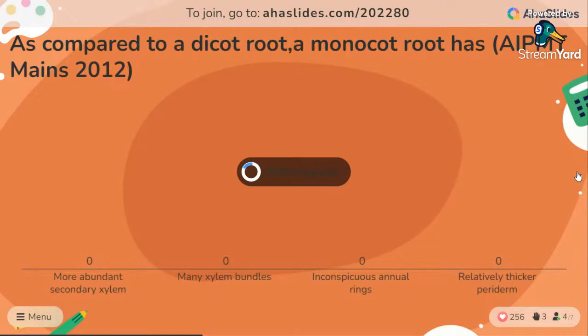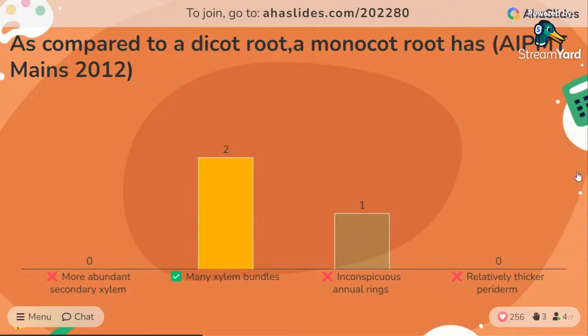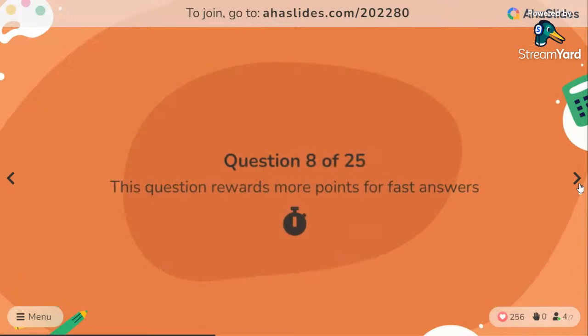A monocot root when compared to a dicot root, what is the special character? We all know that for a monocot root, xylem bundles will be more, right? Xylem bundles will be more in a monocot root. Let's move on to the next question, number 8.